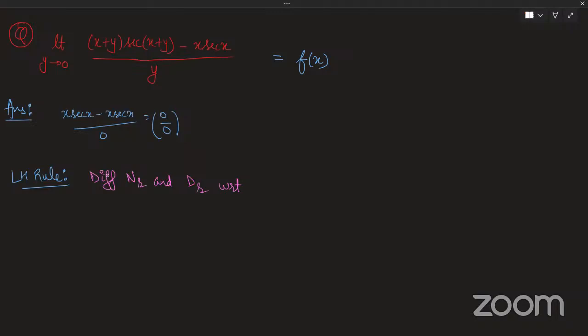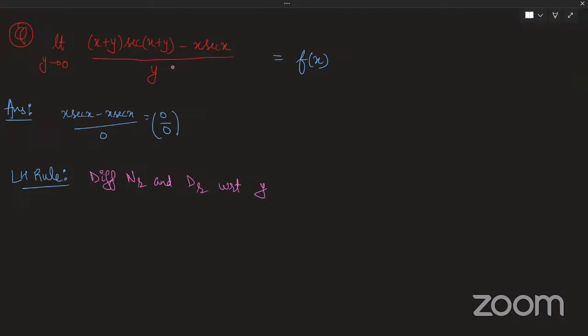Is my variable x that I am substituting in this equation? No, sir, it is y. So I will differentiate with respect to y, right?